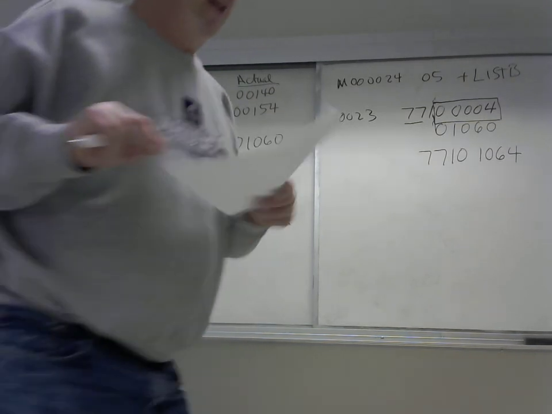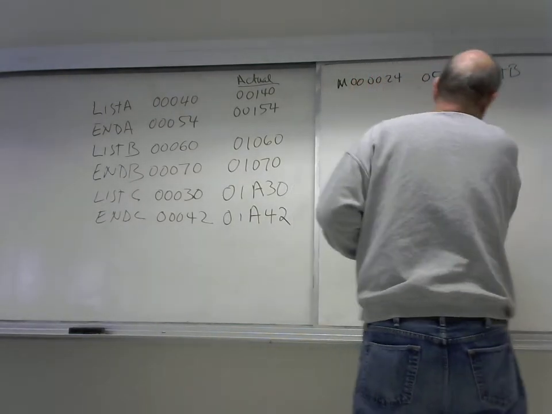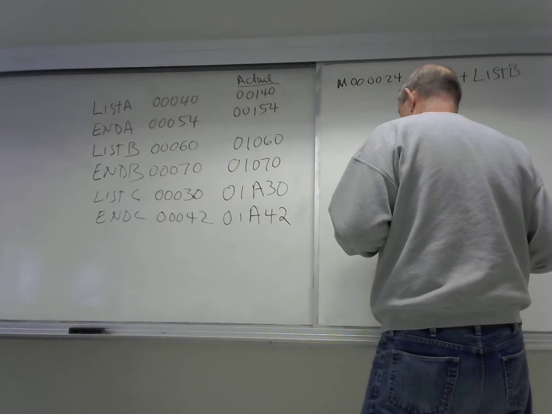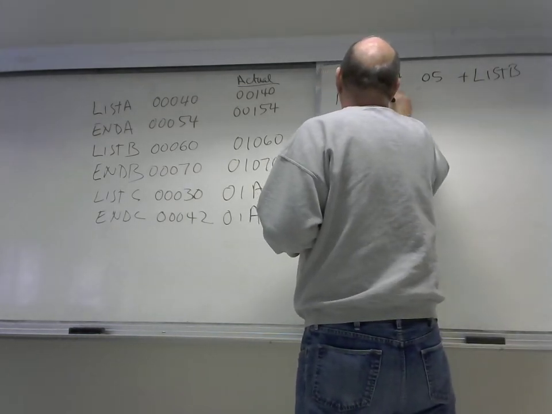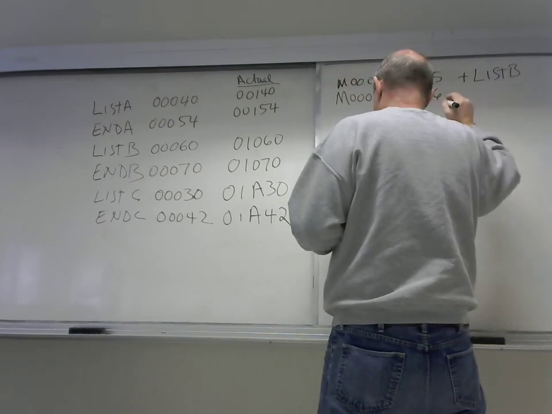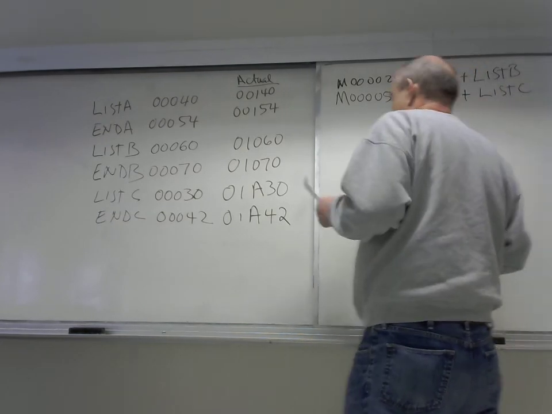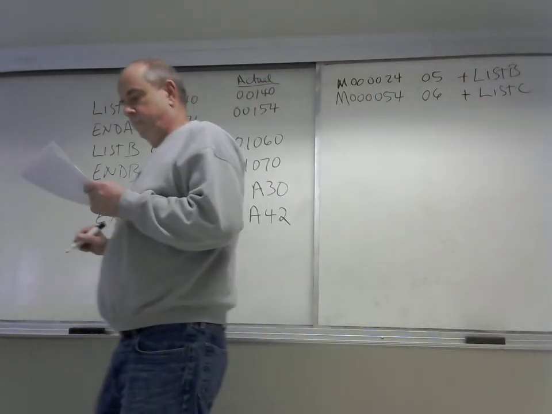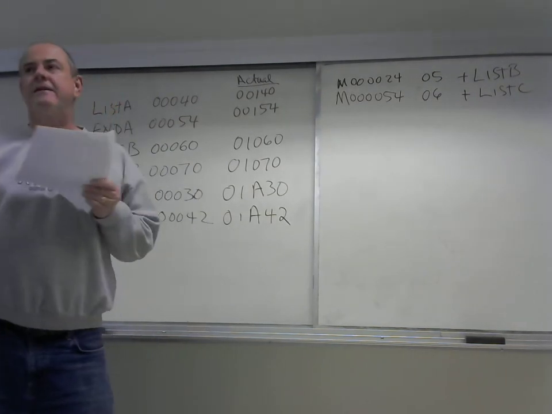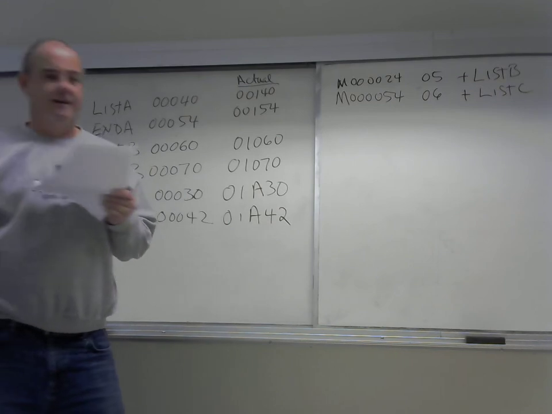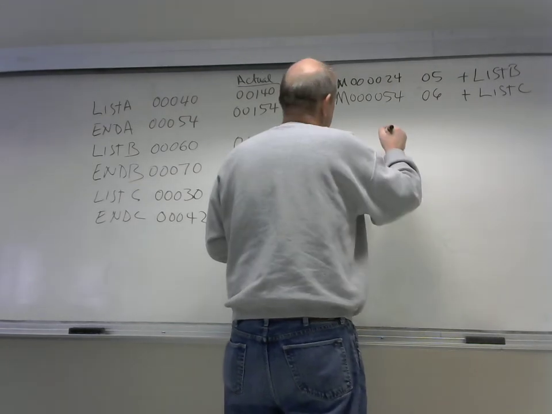Okay, so the next one I want to do is this one. Okay, there's no splitting the bytes. 6 half bytes is 3 bytes, isn't it? Sure it is. So we go to address 54, and what do we see?